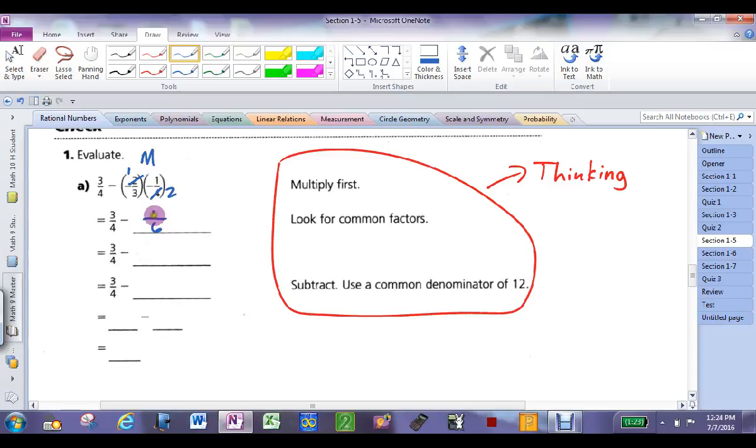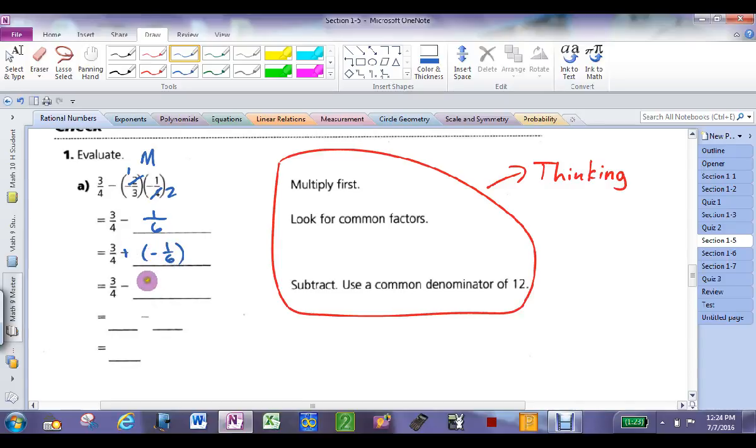One 6 doesn't work, does it? 3 and 6. So this becomes plus negative 1/6, yes?